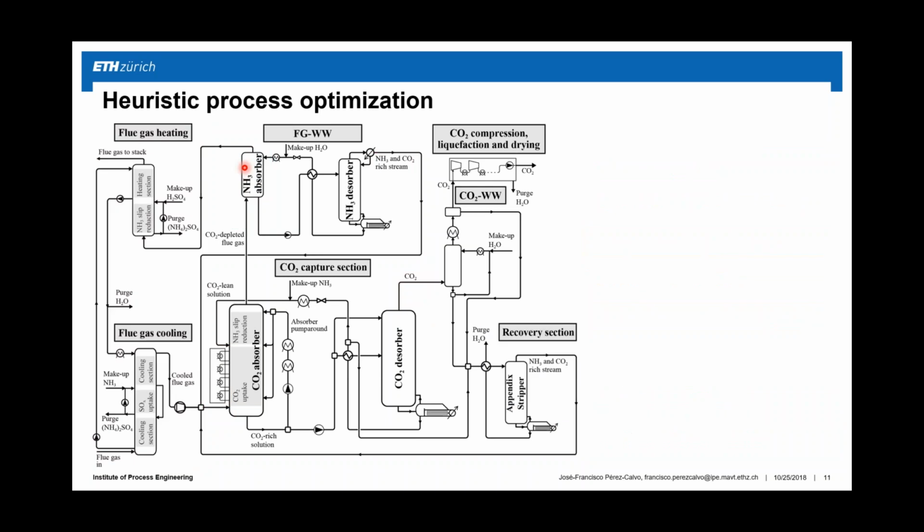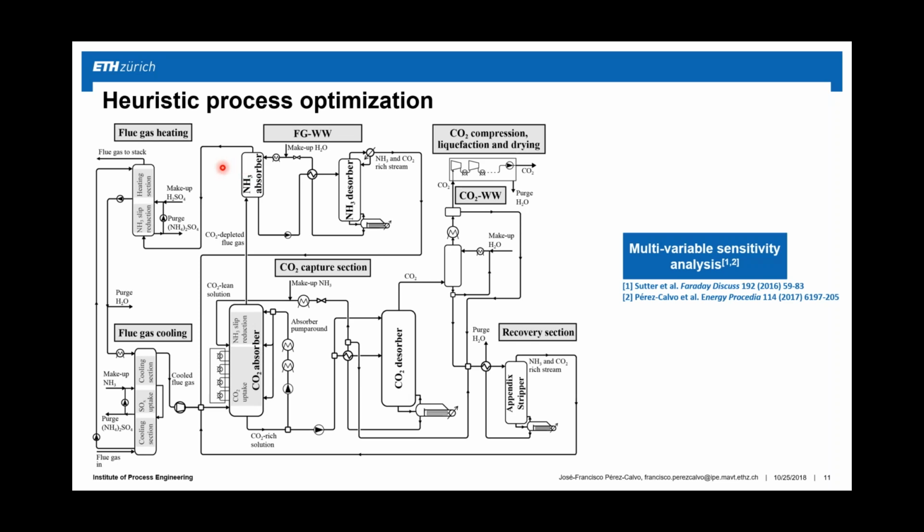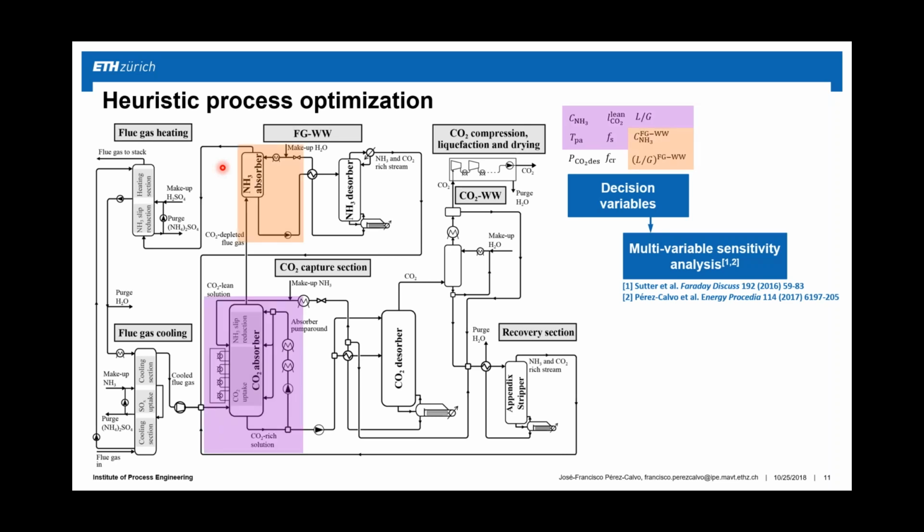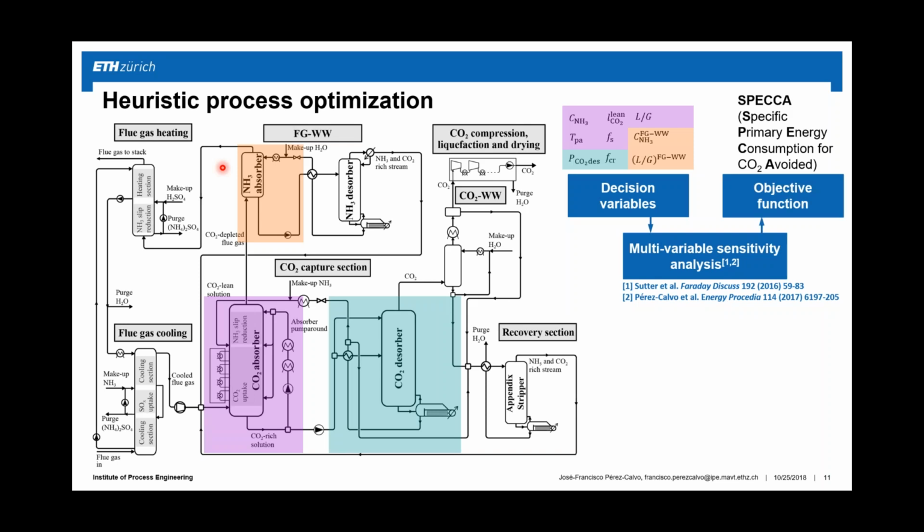So now that we have the flow sheet for the application of the chilled ammonia process to the cement plant, what we have done is the optimization of the process. In reality, we perform a multivariable sensitivity analysis in which we vary a number of decision variables in the CO2 absorber, the ammonia absorber, and the CO2 desorber in order to minimize the SPECCA, which is the specific primary energy consumption for CO2 avoided.